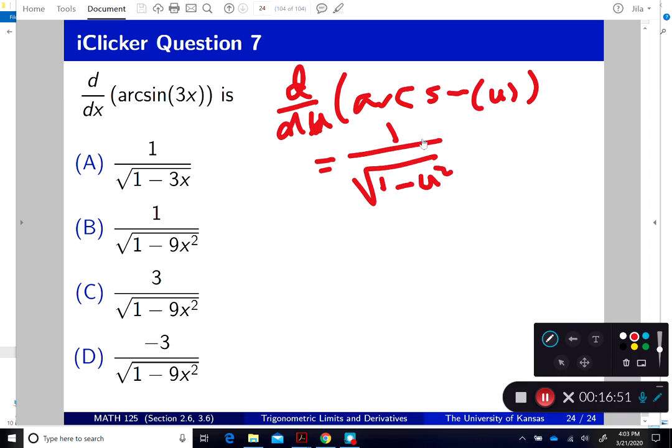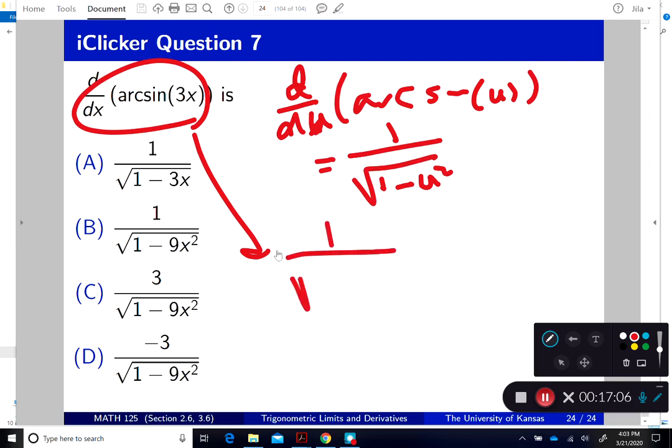Now, when we're doing this derivative, u is going to be 3x in here. So the derivative is the derivative of the outside, which is 1 over the square root of 1 minus whatever is inside to the power 2, times the derivative of the inside, which is 3.